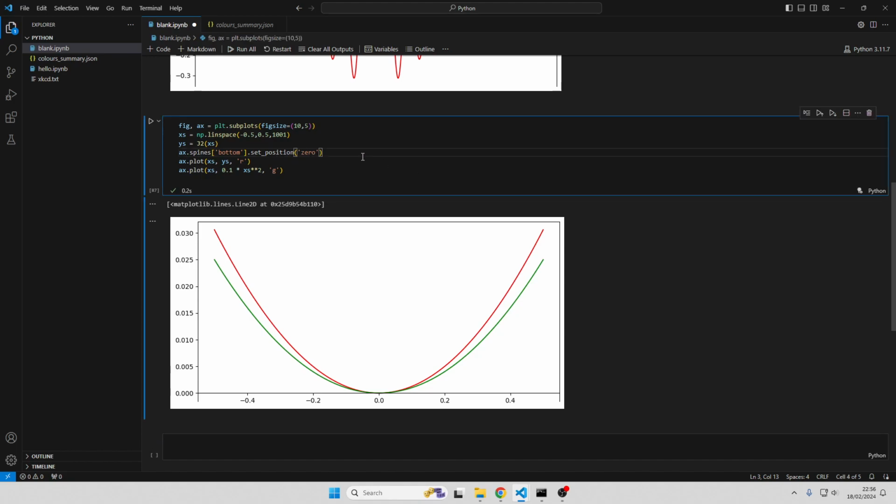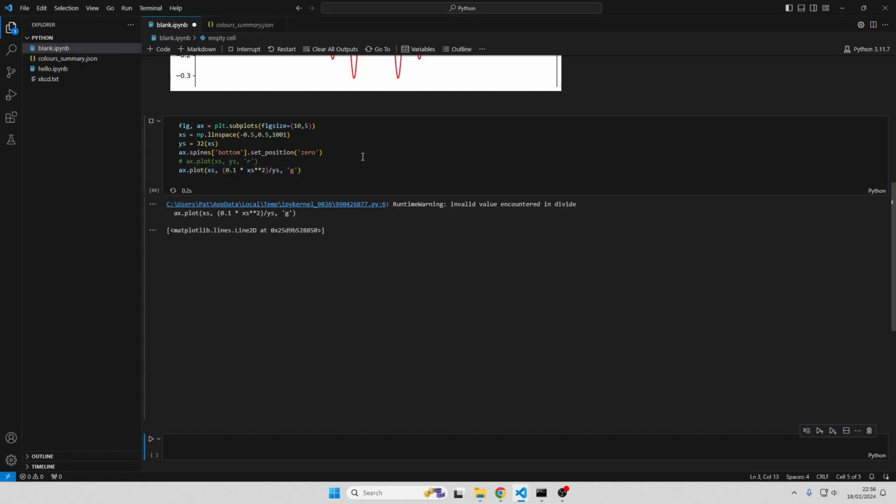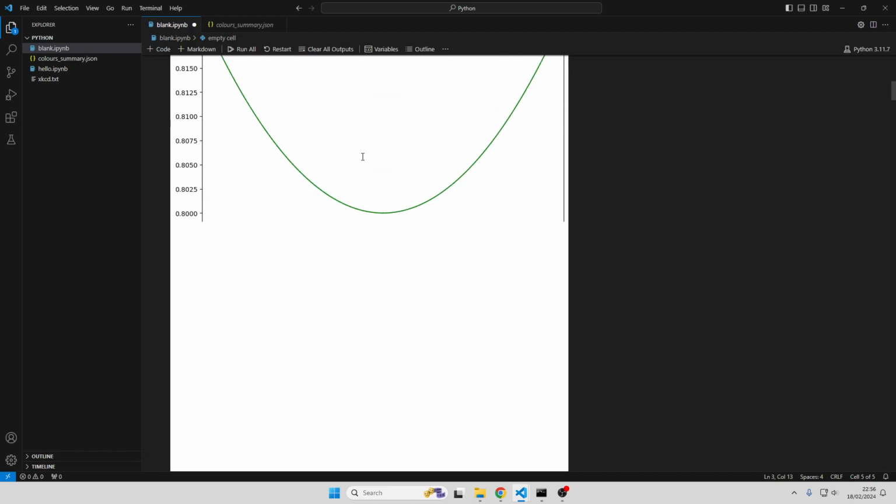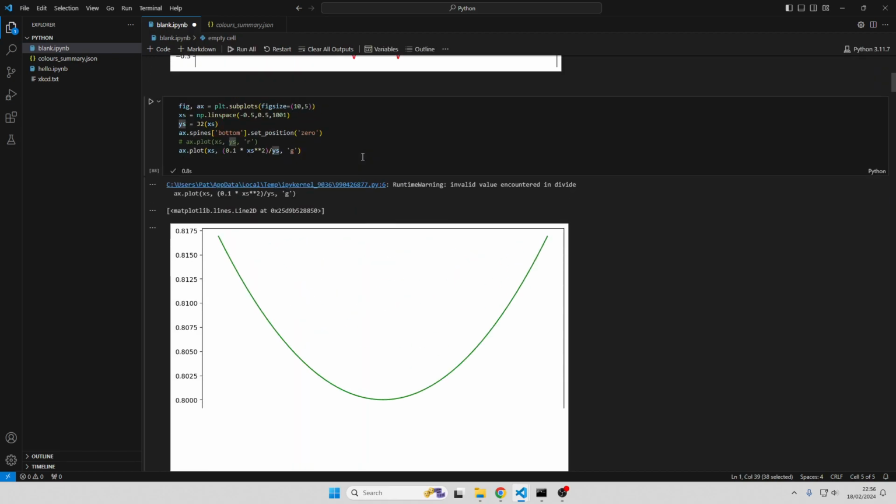Actually, what we can do is take out that plot here, and then divide by the y's. Okay, so we've got a bit of a problem here, that y is equal to 0 in the middle. One way we could avoid that is to change this here to 1000.